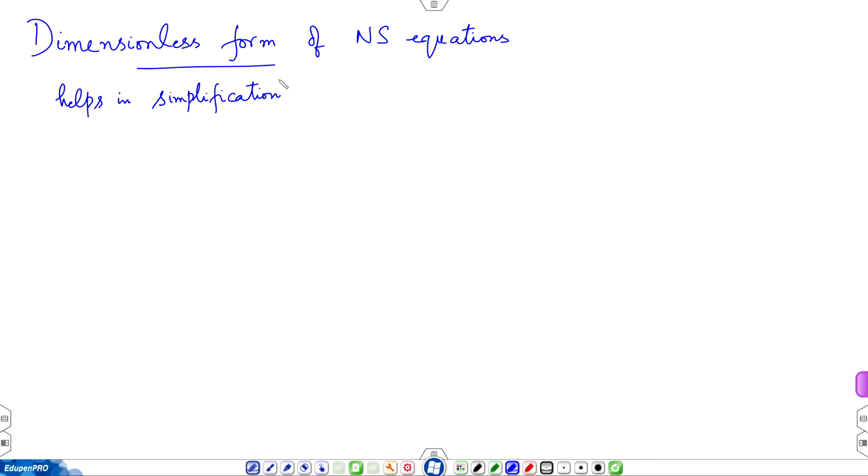The second aspect is it helps you enforce the principles of similarity. How? Well, one way of seeing it is the governing equations carry Reynolds number. So, two different flow fields, maybe air, water, oils, two different contexts. It could be air and air also.